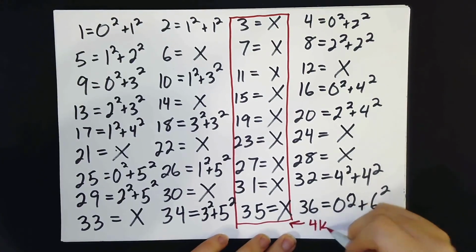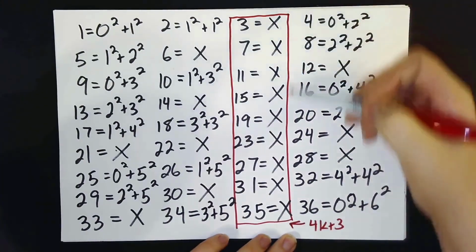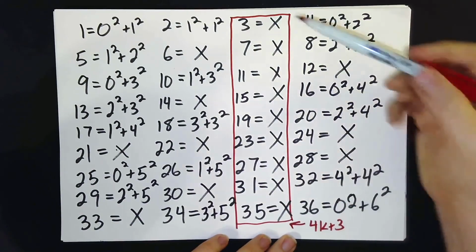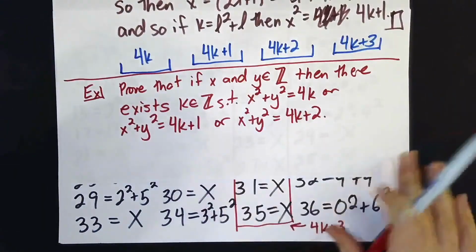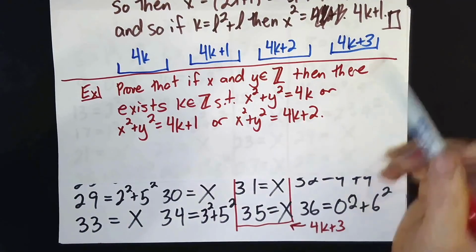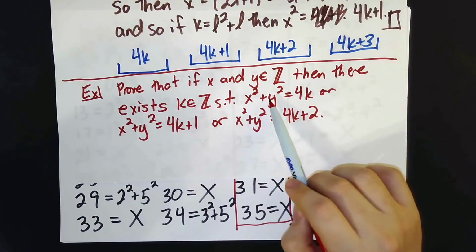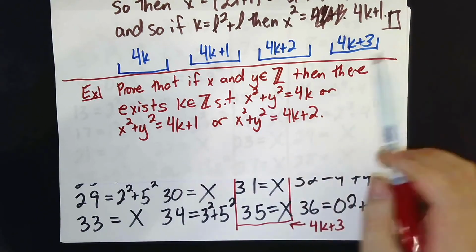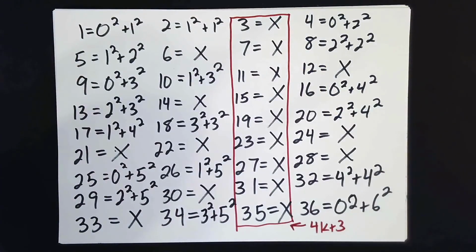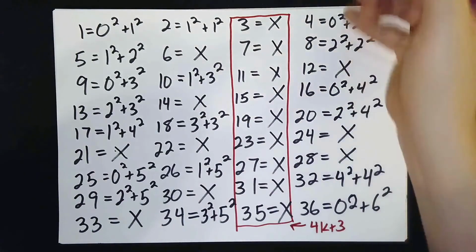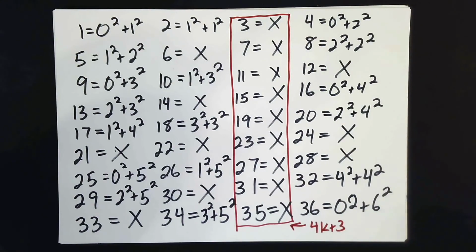Because this is the 4k plus 3 column. These are all numbers that are 3 more than a multiple of 4. And what we showed, putting together basically everything we did today, is that if you sum 2 squares, then you get something that is in one of the other 3 buckets, but never this bucket. And so no matter how far you continue this pattern, you'll always have x's in this column.